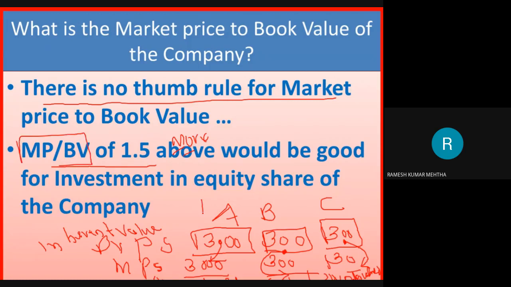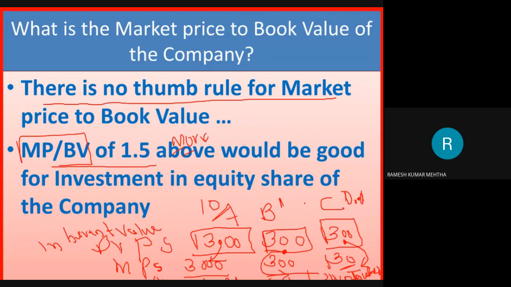So if I calculate price to book value, market price to book value, in this case it is 10 times, in this case it is one time, and in this case, sorry, market price is 30, 30 divided by 300 is equal to 0.1. As I have told, this is an undervalued company.